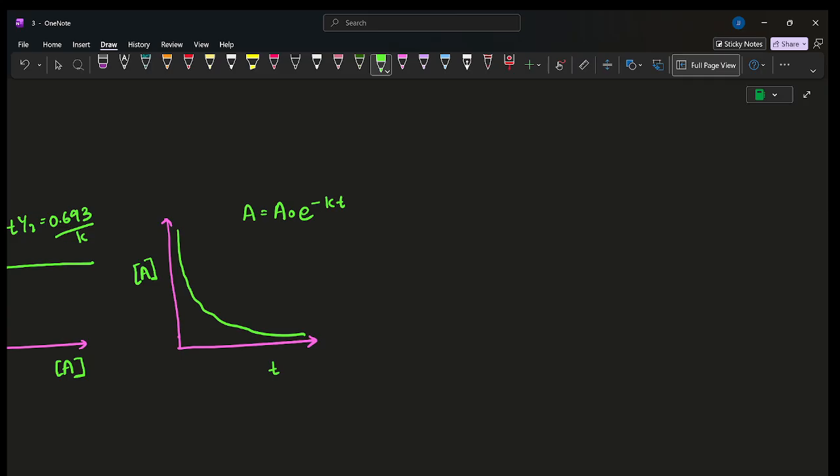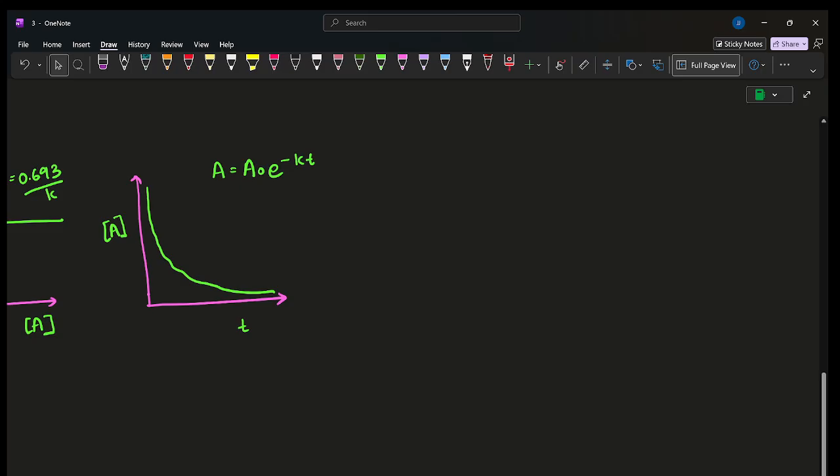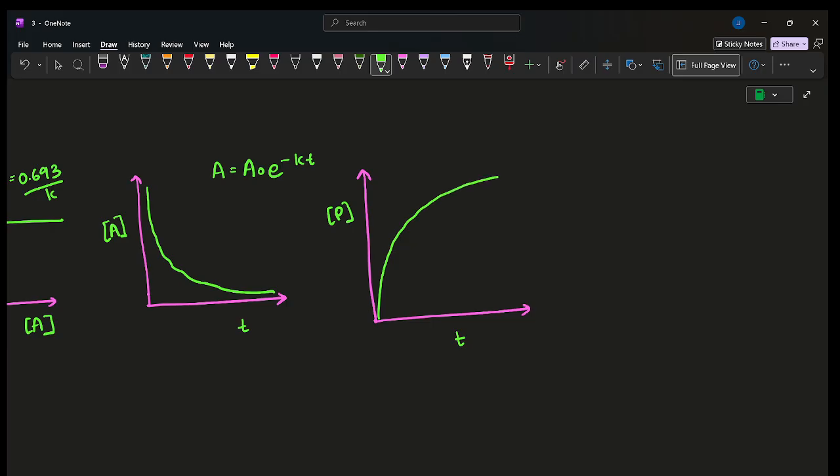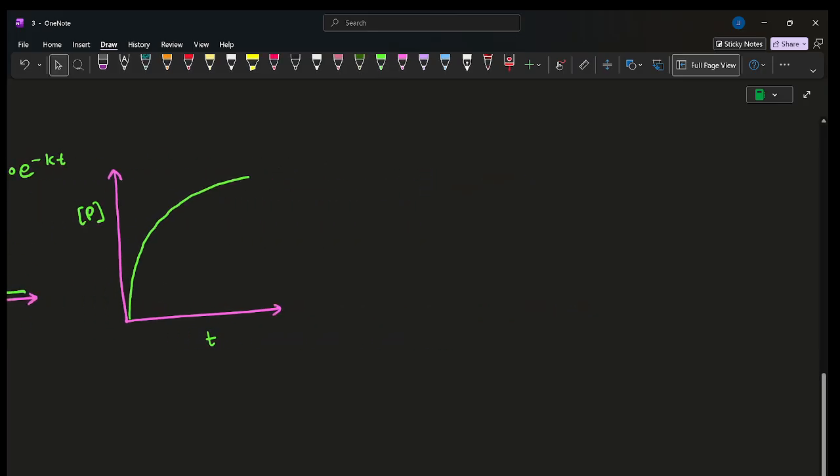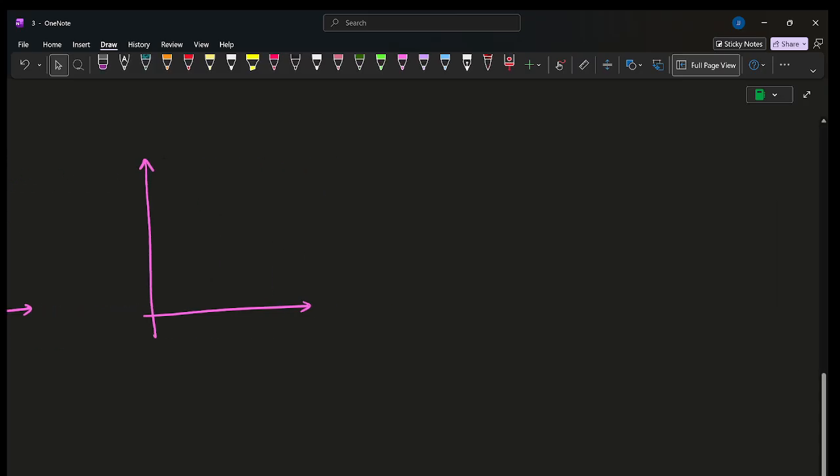And if reactants are decreasing, then if you take products in the same place, it's going to be an increasing curve, okay? Right. Moving on, we'll go to more harder parts. Coming.